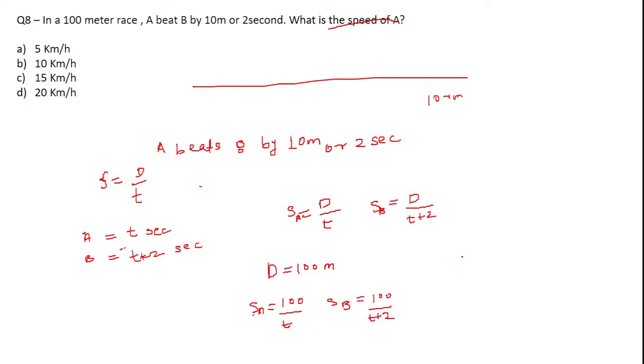In time T, B covers 90 meters while A covers 100. Also we can write speed of B equals 90 upon T, because the question says A beat B by 10 meter or 2 seconds. Using these inputs we have to solve the question.